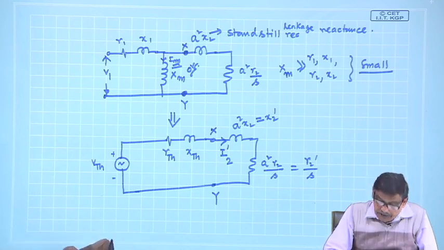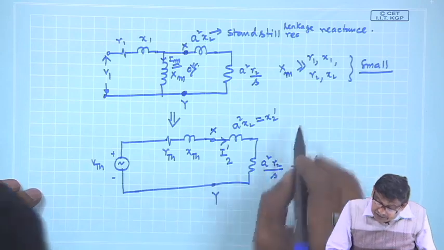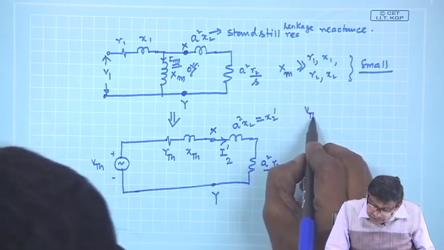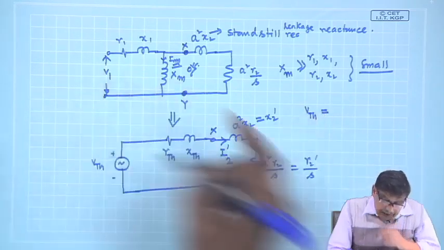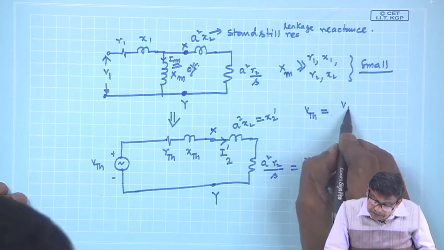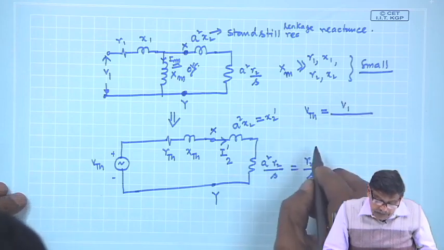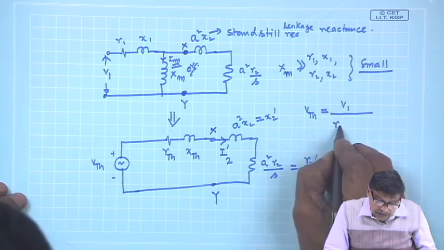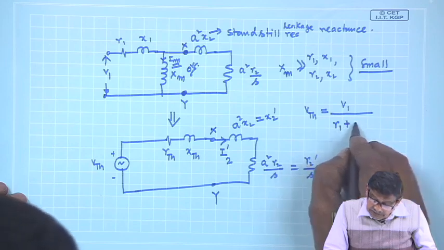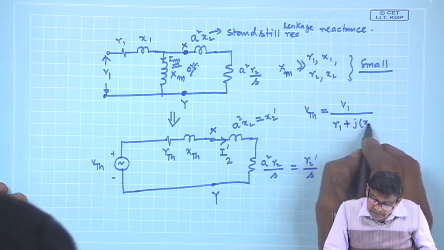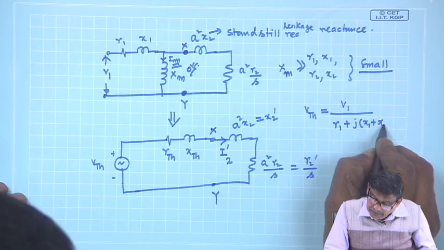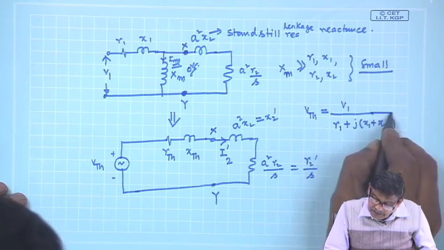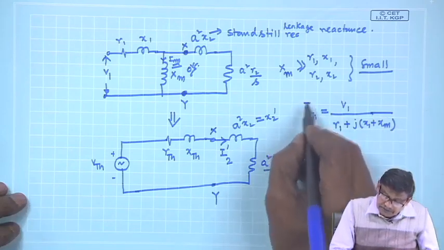Remember here, V Thevenin will be how much? It will be V1 divided by R1 plus j(X1 plus XM), multiplied by jXM. This will be V Thevenin.